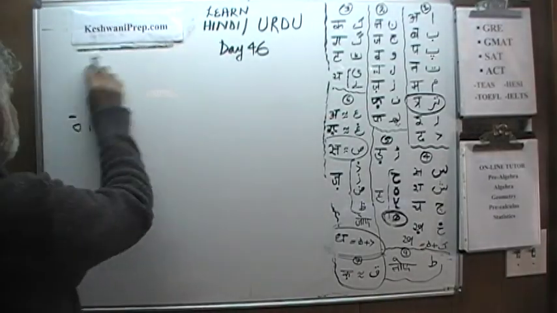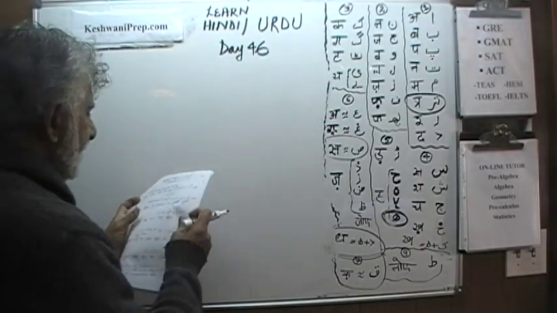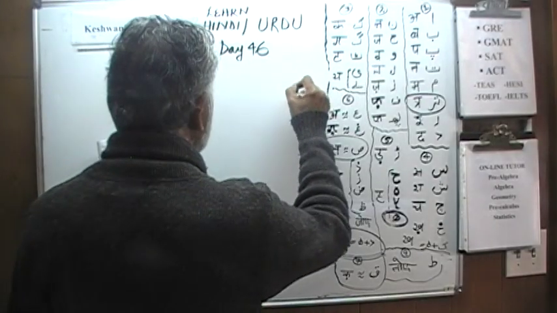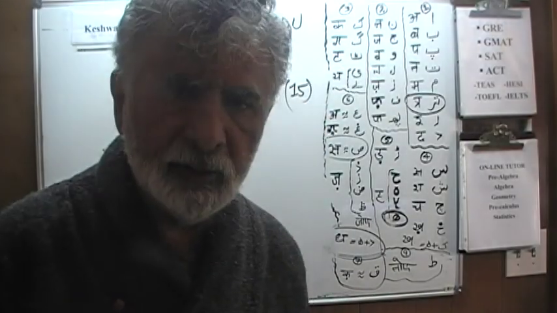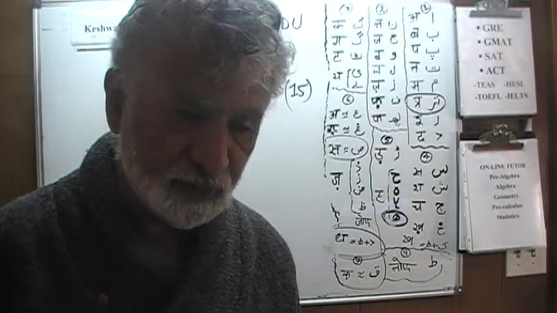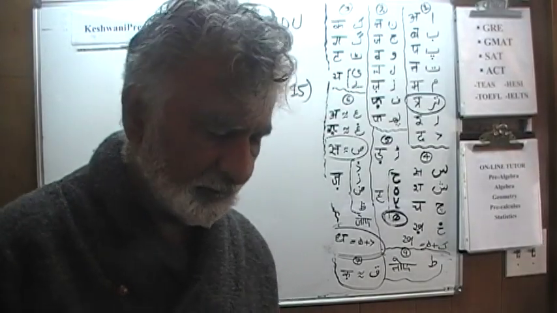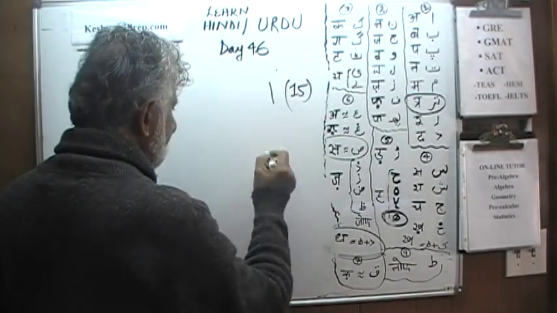Number 15. The fire that is going on in her chest, she's describing what sort of fire it is in the next line. She tells you the nature of that fire. Aisa. Alif. Let's read here.